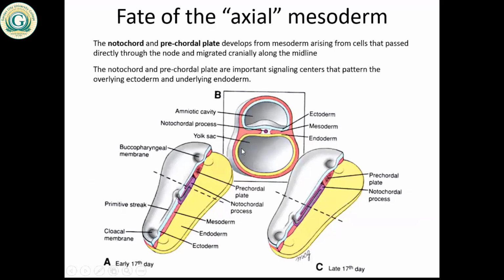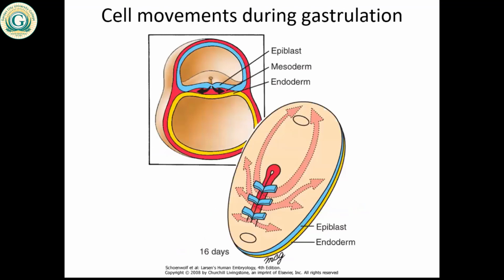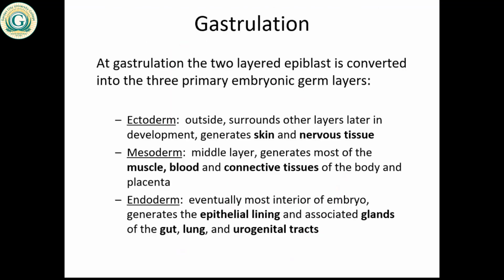Along the line, the lateral will form the circulatory system and the body cavities, whilst the paraxial will form the connective tissues, and then the axial will form the notochord. But ectoderm, let's go back here. Ectoderm forms what? It's on your screen. Outside surface, the skin and nervous tissue.